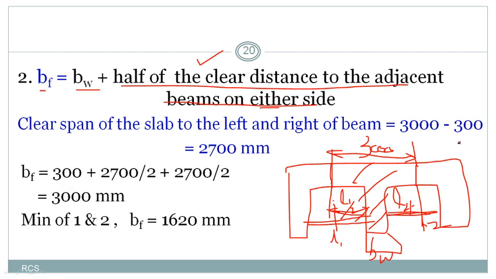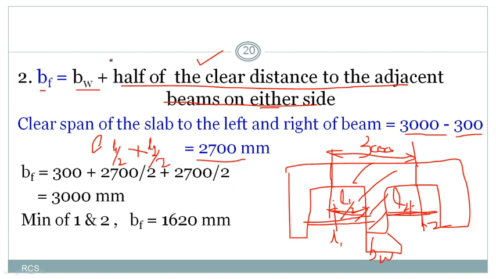So L1 by 2 plus L2 by 2 is 3000 minus 300, that equals 2700 mm.